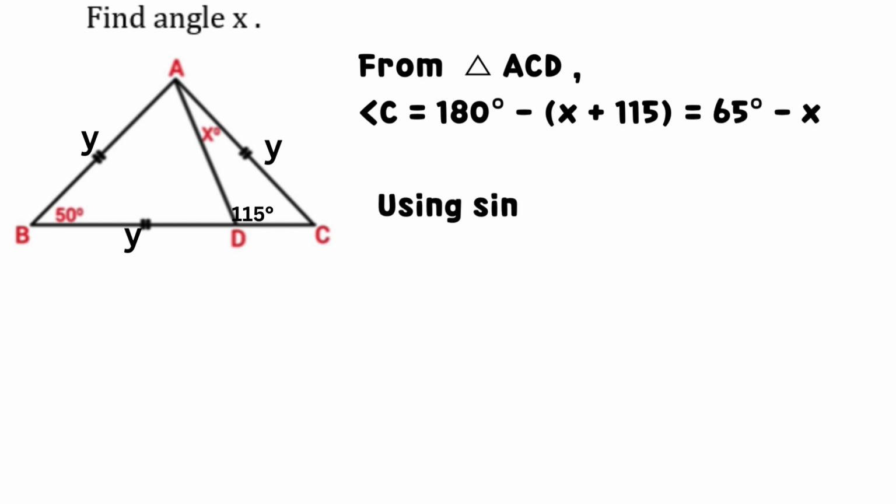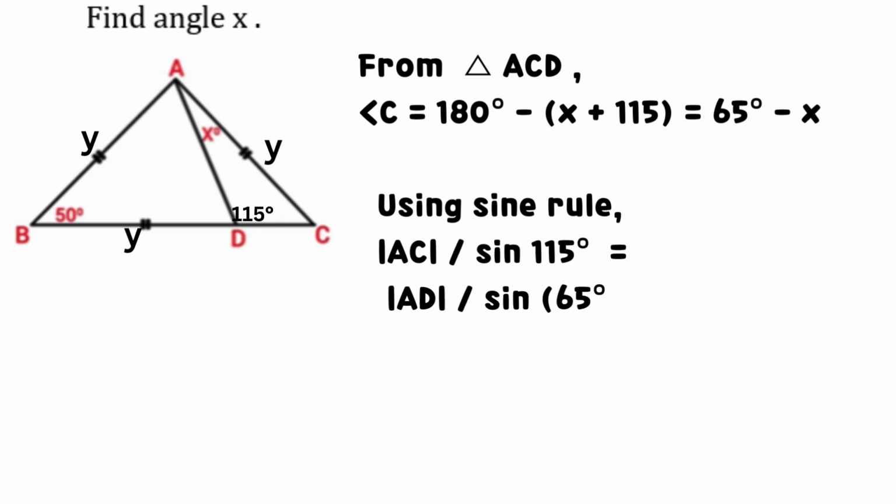From triangle ACD, angle C equals 65 degrees minus x. Using the sine rule, AC divided by sine 115 degrees equals AD divided by sine of 65 degrees minus x.